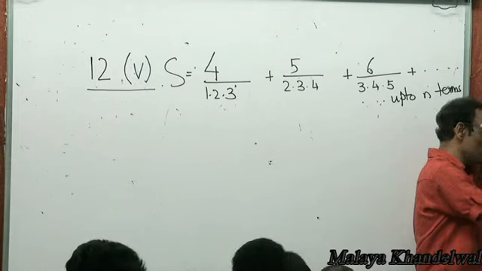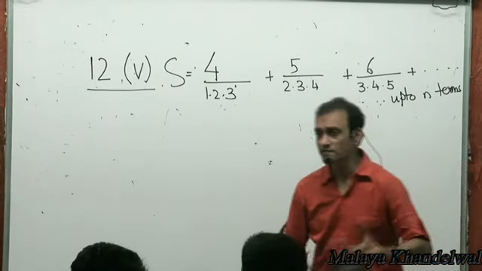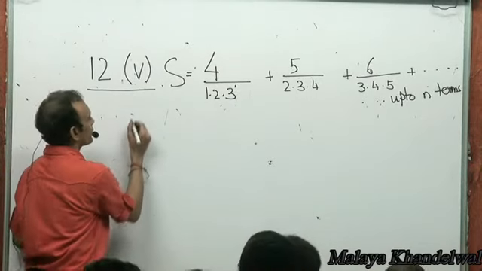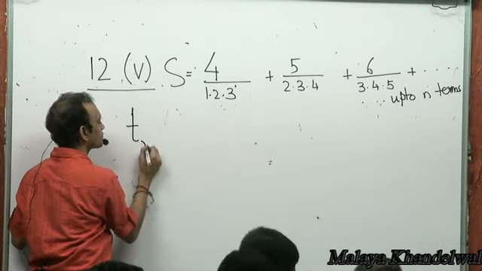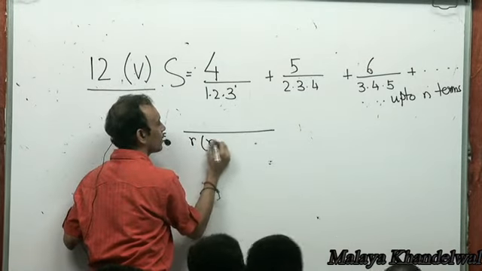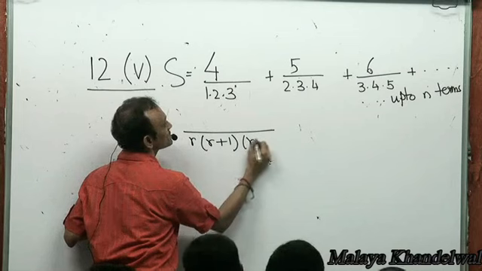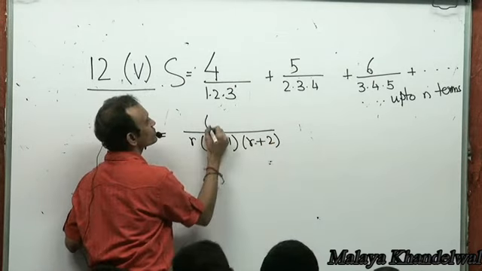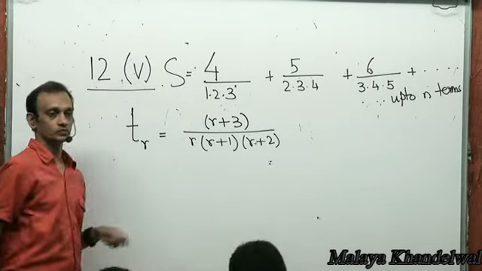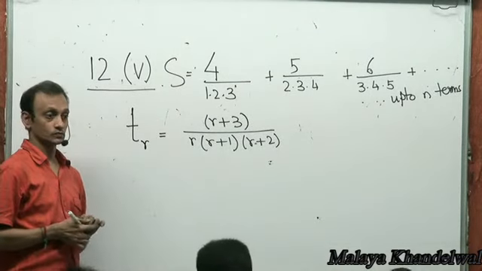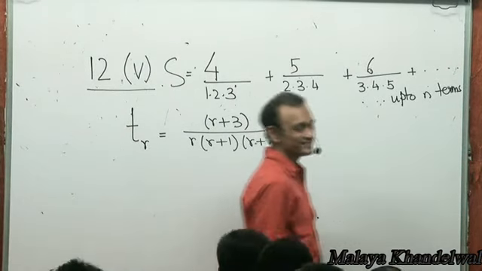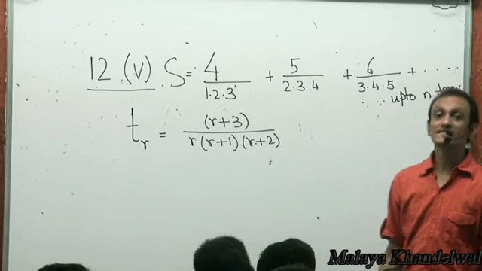You would first earmark the rth term, the general member of the sequence, right? What is TR? 1, R plus 1, R plus 2. This would be R plus 3. Yes or no? Clear?